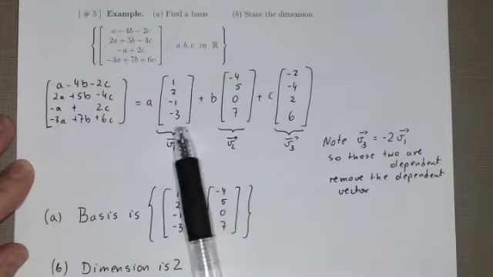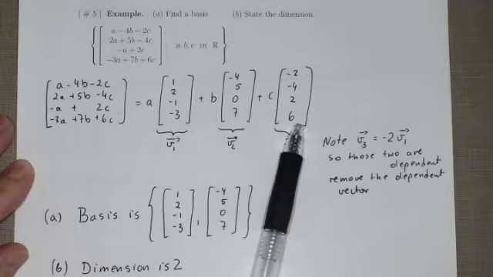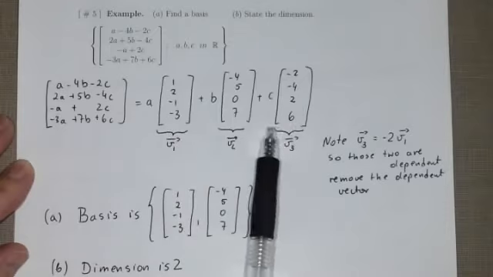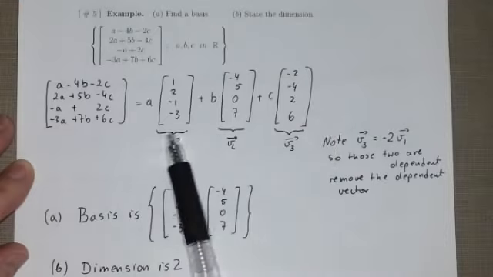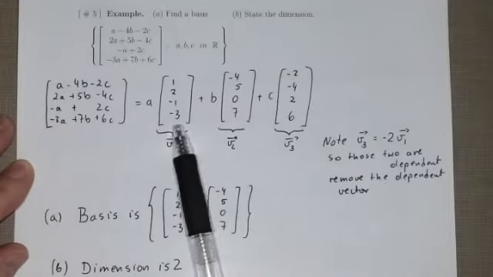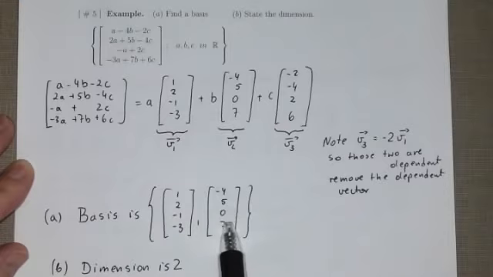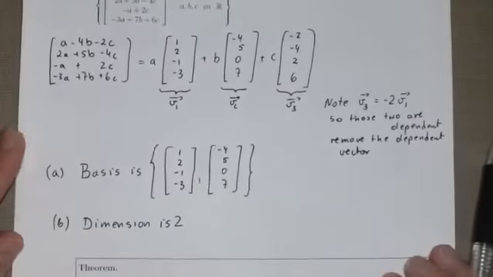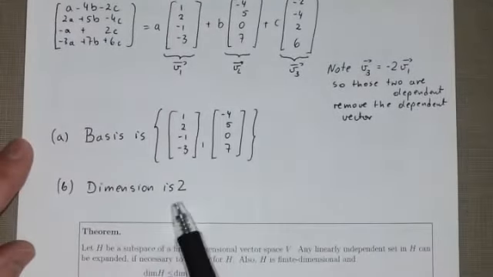That means they are scalar multiples of each other, so they are dependent. Removing one vector preserves the span. So the basis is nothing else but those 2 vectors. If I have 2 vectors in the basis, that means the dimension is 2.